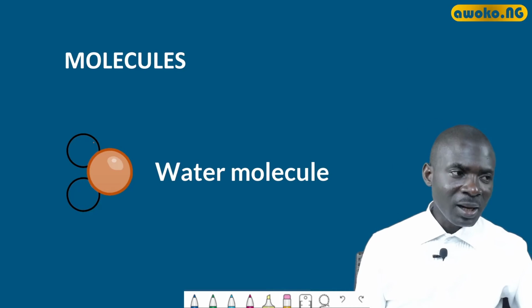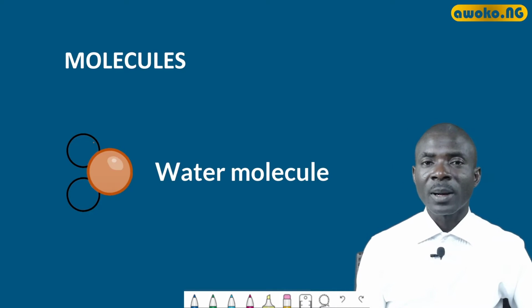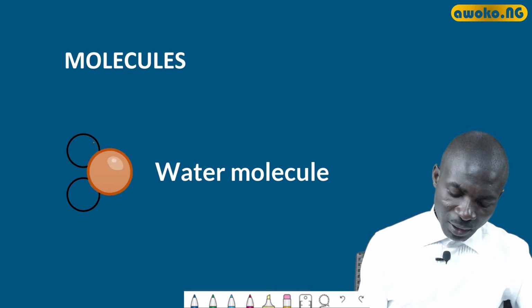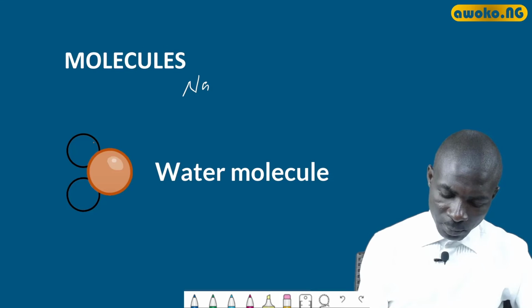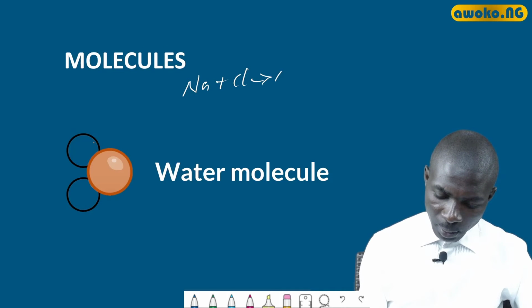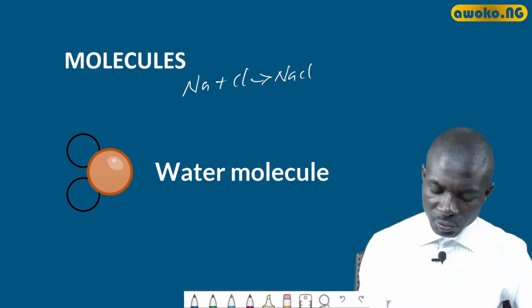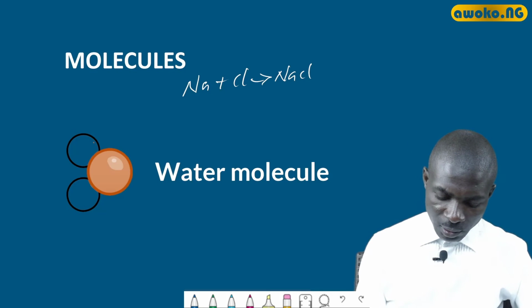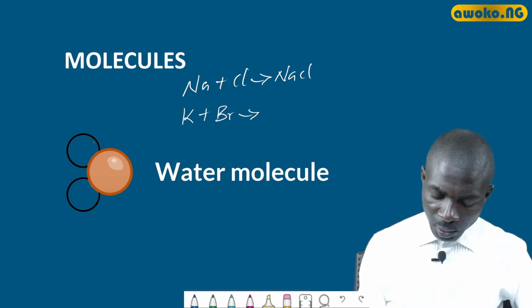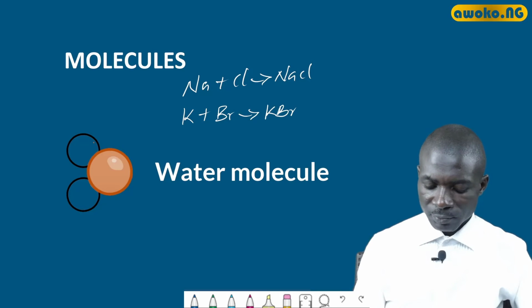We can also have other cases where a molecule of a compound can be formed from different atoms, just as we have in the case of an element like sodium combining with an element like chlorine to form a molecule of a compound called sodium chloride. We can also have potassium combining with an element like bromine to form a molecule of potassium bromide.